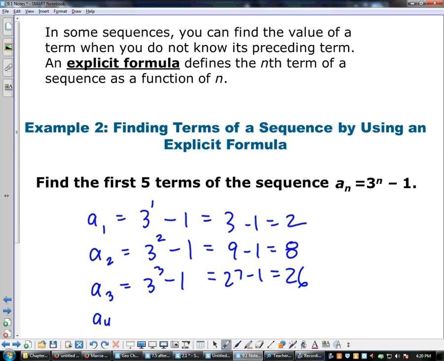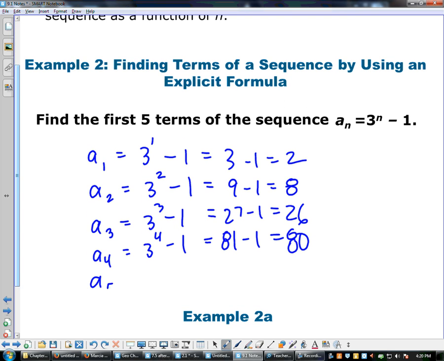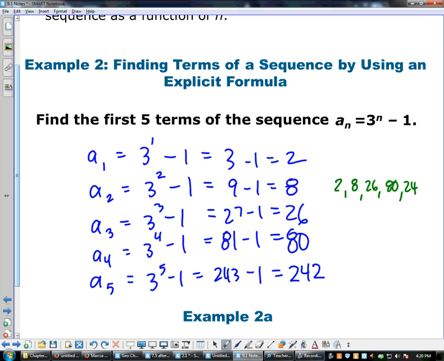A sub 4 is going to be 3 to the fourth minus 1, which is 81 minus 1, which is 80. And a sub 5 is going to be 3 to the fifth minus 1, which is 243 minus 1, which is 242. So the first 5 terms in this sequence would be 2, 8, 26, 80, and 242.